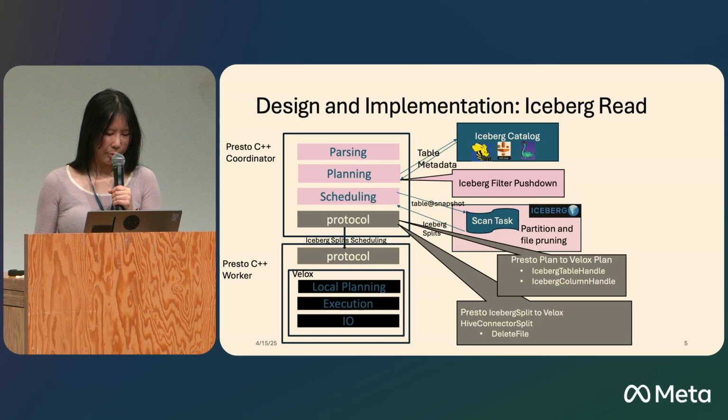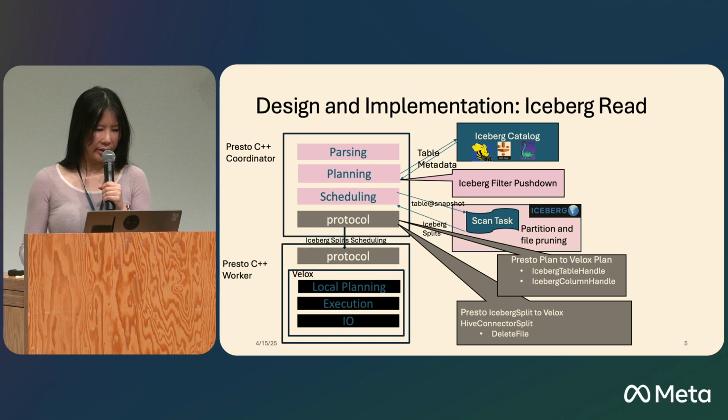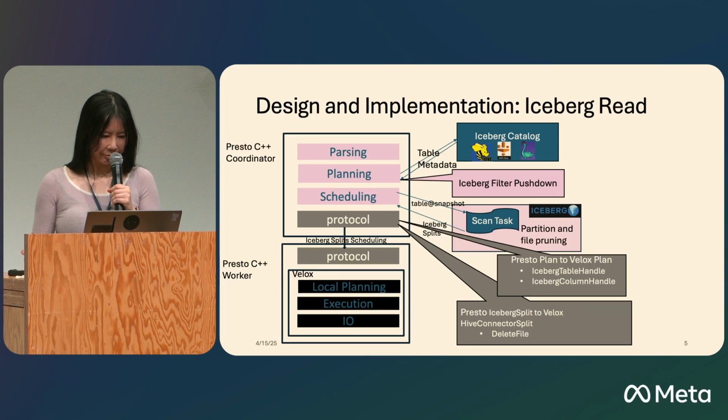With all this information, we send the scan task to the Iceberg library, which returns the split manager, telling us what splits we should read and send to the workers. This is where the partition and file pruning happens.